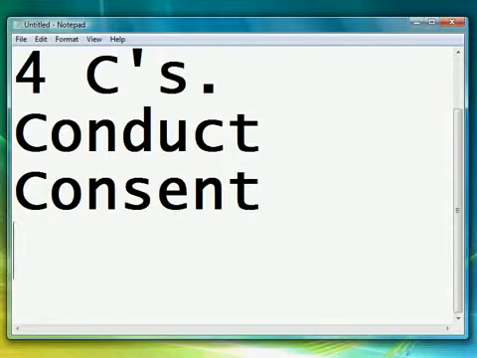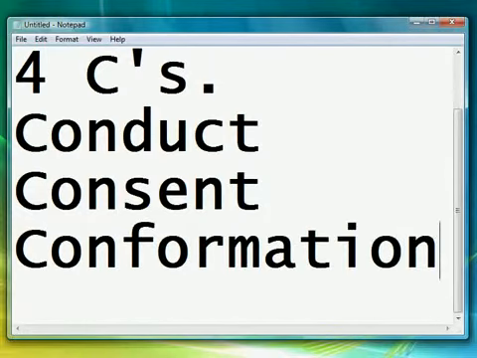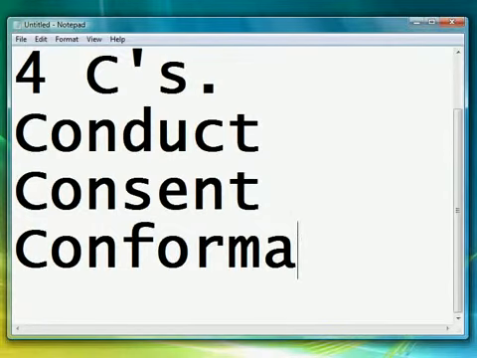Actually, this is more going to be a revision than just the 4Cs, but basically conformity is where you conform to fit in with other people.